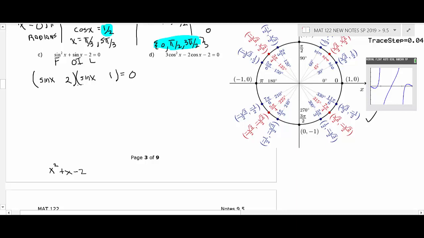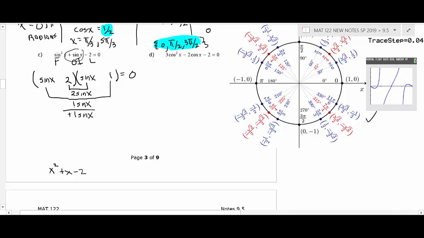Okay, so now we've got to figure out the sign. So if you look at this inner term, it is 2 sine x. This outer term is 1 sine x. And what you're trying to do is make this add up to positive 1 sine x.